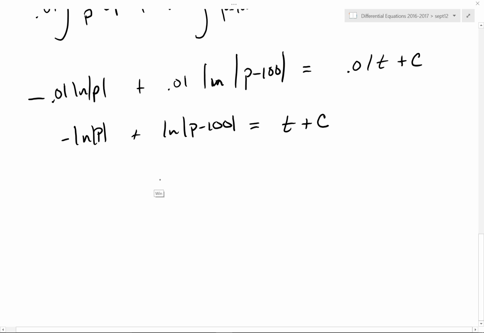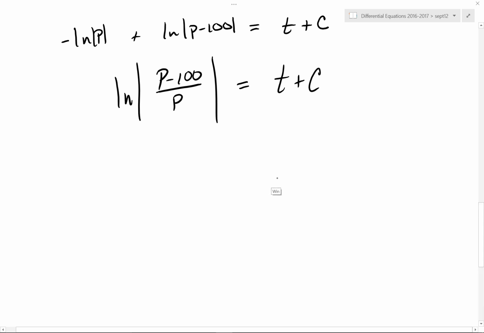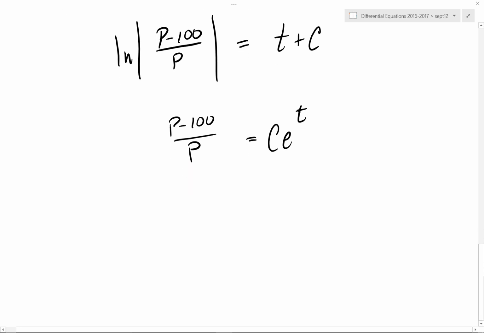We're going to do the same thing we did last time, except be careful. When you exponentiate, you're going to get c e to the t. So that part should look very familiar. Notice these are just backwards. This problem is actually easier to solve for than the last one, because you multiply by P and then play musical chairs.